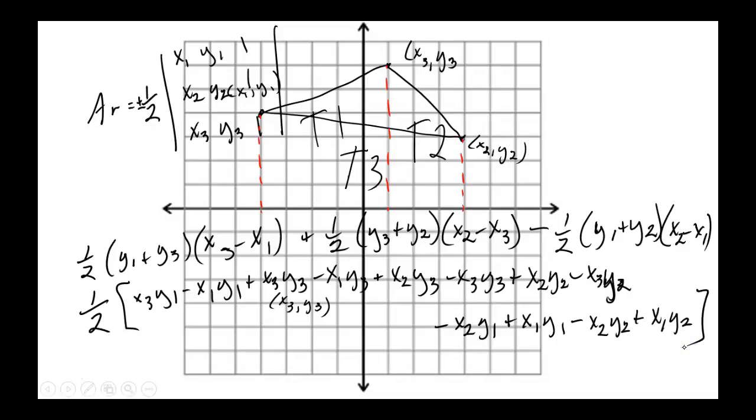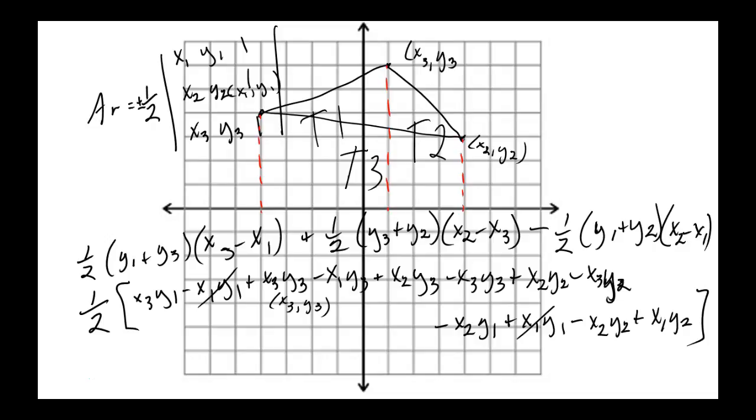Okay. Now let's see if we've got anything that disappears here. Those go. The x1 y1s, there's a minus at the beginning and a plus near the end.